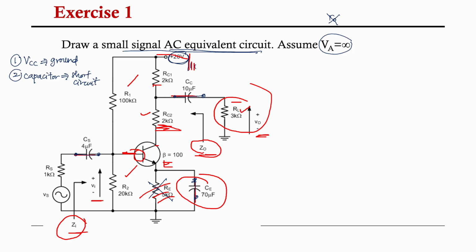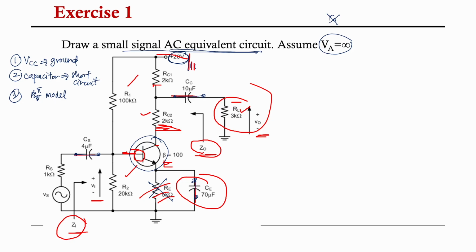Next, we have to consider the value of R pi, which is this part, and it will become our hybrid pi model. Okay, so let's draw the circuit.